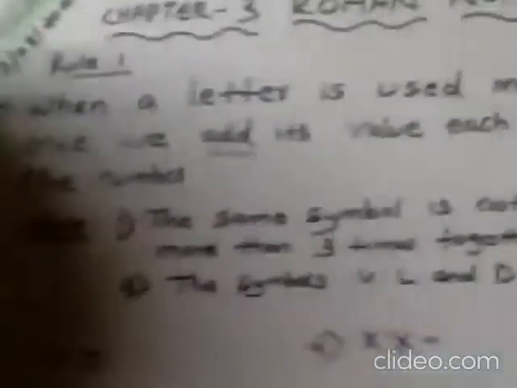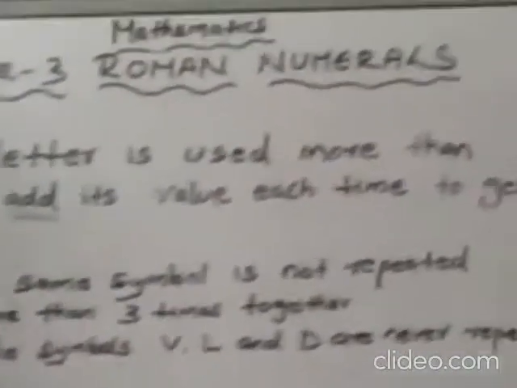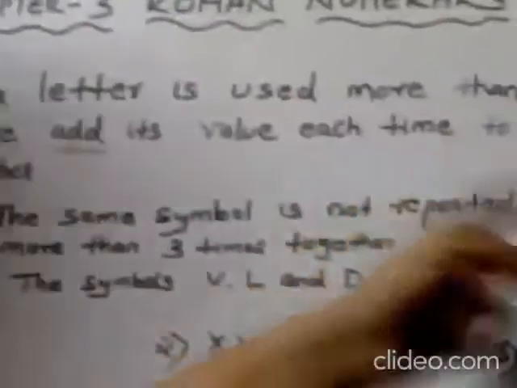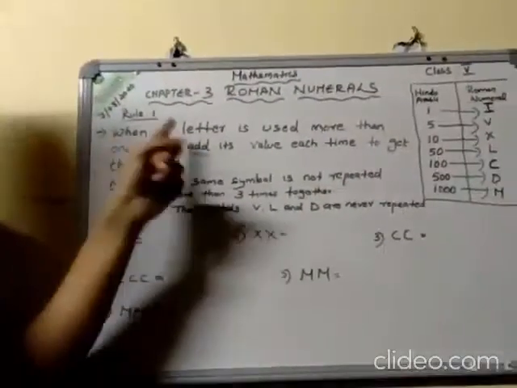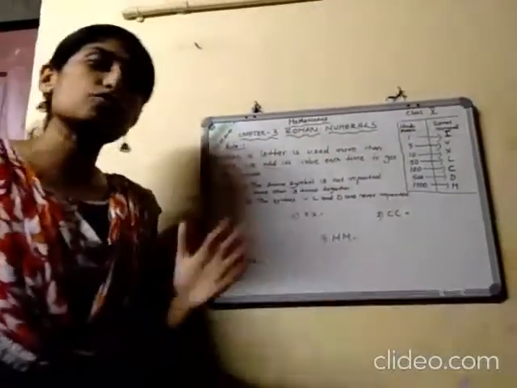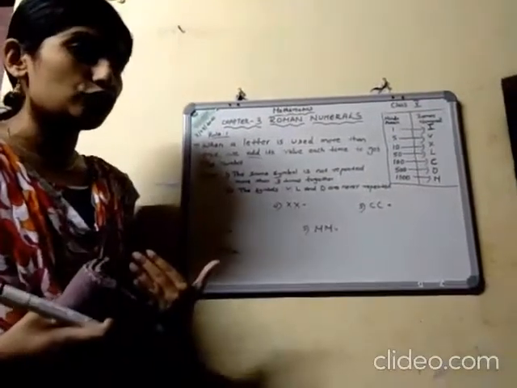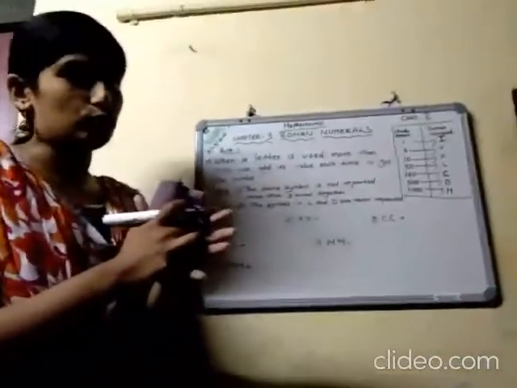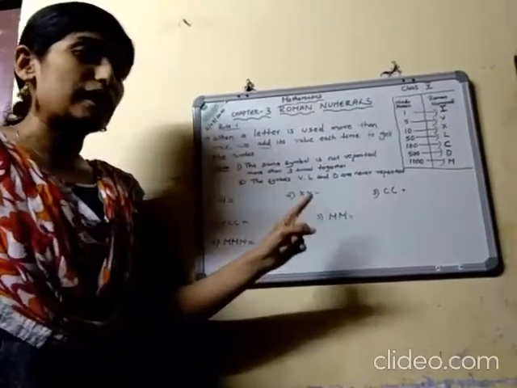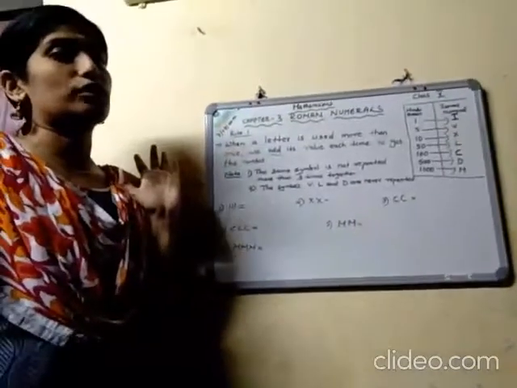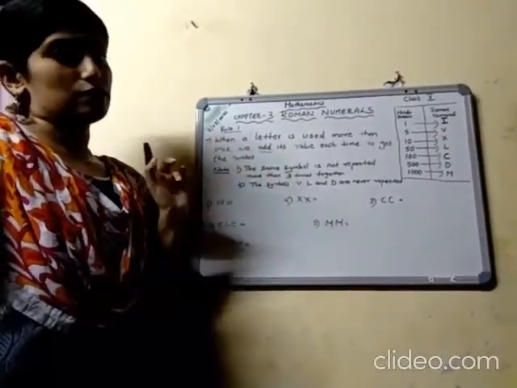And we have to remember 2 points here. The same symbol is not repeated more than 3 times. We have told here, when a letter is used more than one time, what do we have to do? We have to add its value to get the number. But the same symbol cannot be repeated more than 3 times.